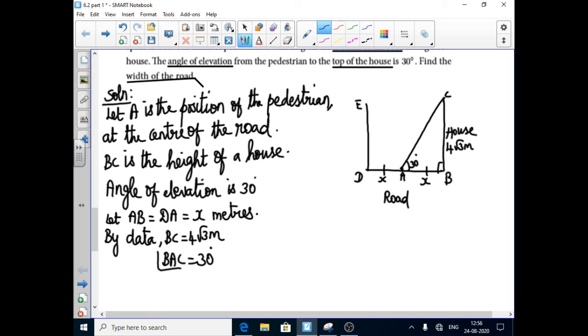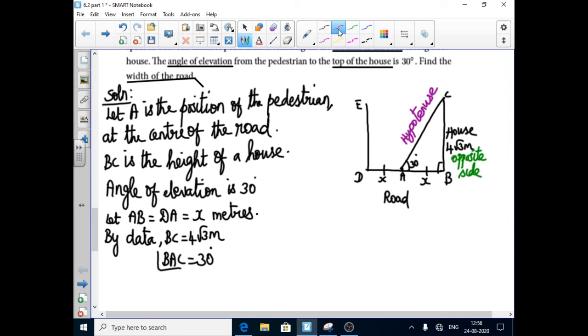Now we have to find x. Compare this for 30 degrees. The side opposite the 90 degree angle is the hypotenuse. So this side is the hypotenuse. Note this down for now, then it will be easy. Next, the side opposite the 30 degree angle is the opposite side. The remaining side is the adjacent side.